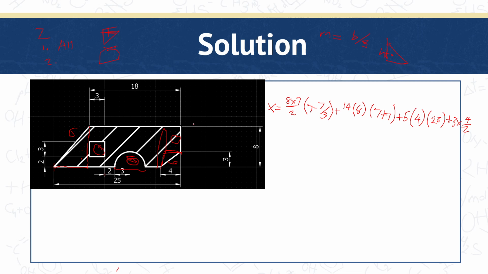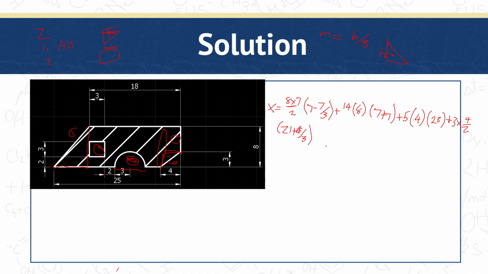You multiply that 3 times 4 over 2 by the distance from your origin to the centroid of the triangle. Since we know the location of the base, that would be 21, since it's 25 minus 4, and we add that with the distance of your centroid, which would be about here. So it would be 4 over 3, so plus 4 over 3.